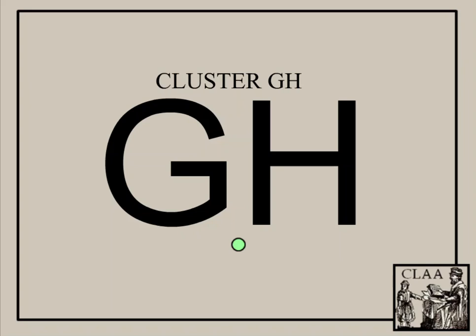Sometimes it will be pronounced just like Middle English. Sometimes it will be pronounced like f, like the letter F. The cluster GH is one of the strangest groups of letters in modern English because it's pronounced in so many different ways. Let's look at an example.